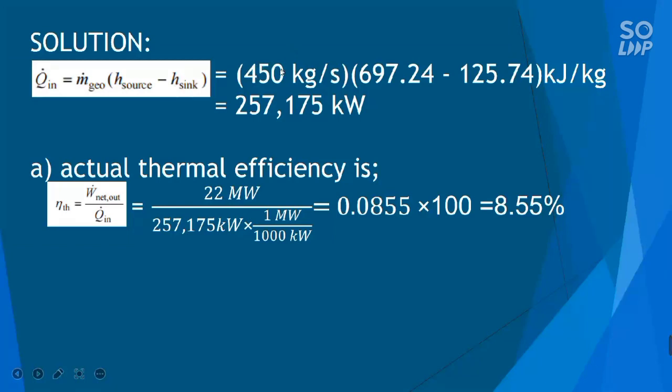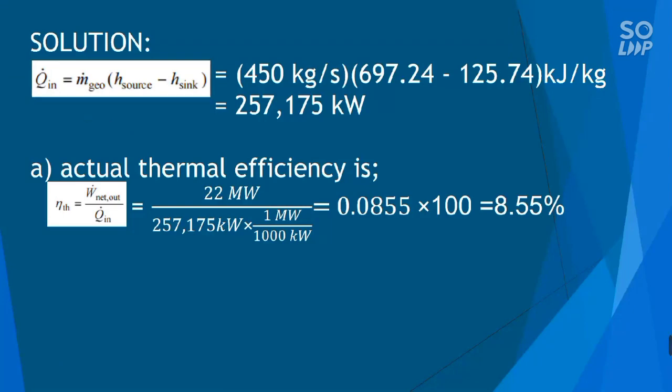Plugging in the given values, we have 450 kilogram per second multiplied by the quantity of 697.24 minus 125.74, multiplied by its unit, kilojoule per kilogram. Solving this equation, we get 257,175 kilowatts.